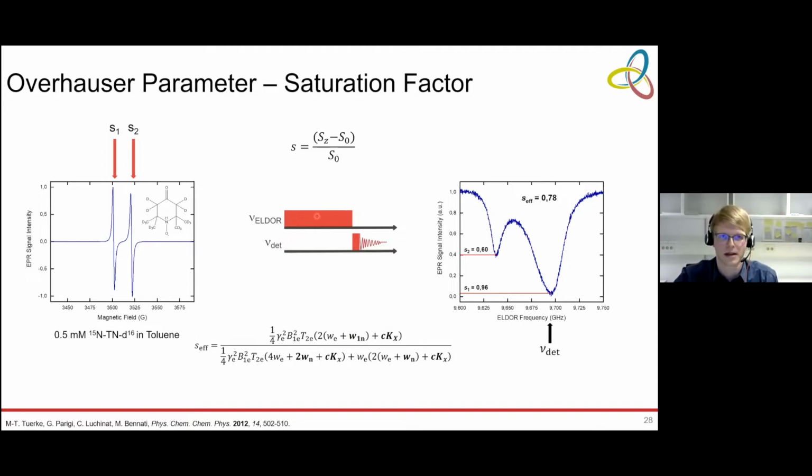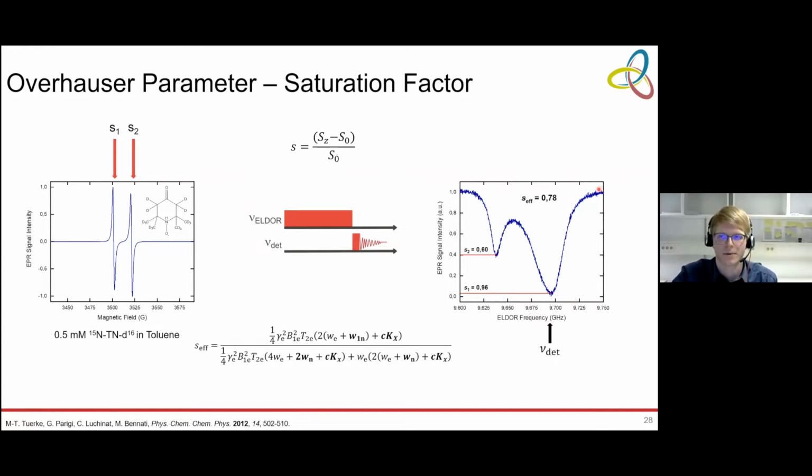If we have an EPR spectrometer, we can perform a so-called ELDOR experiment where we have one frequency, the detection frequency, set on one position. So for instance, on this S1 line here, which corresponds to the low field line in the EPR spectrum. And then we take an ELDOR pulse. So it's simply a long microwave pulse of the order of, let's say, 3 to 5 microseconds. And we sweep it through the EPR spectrum.